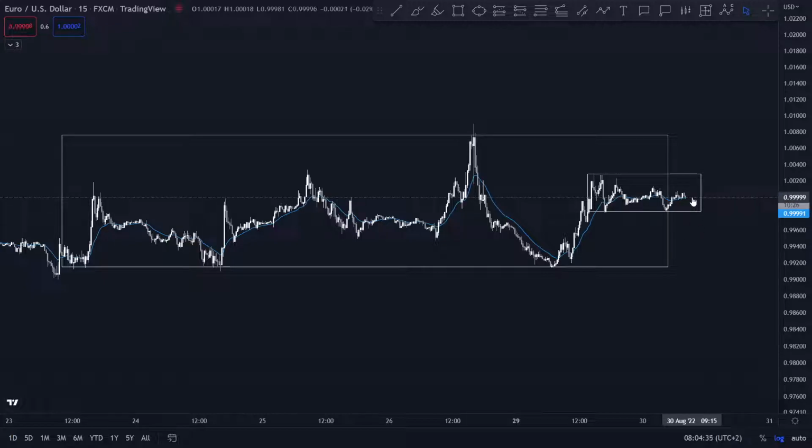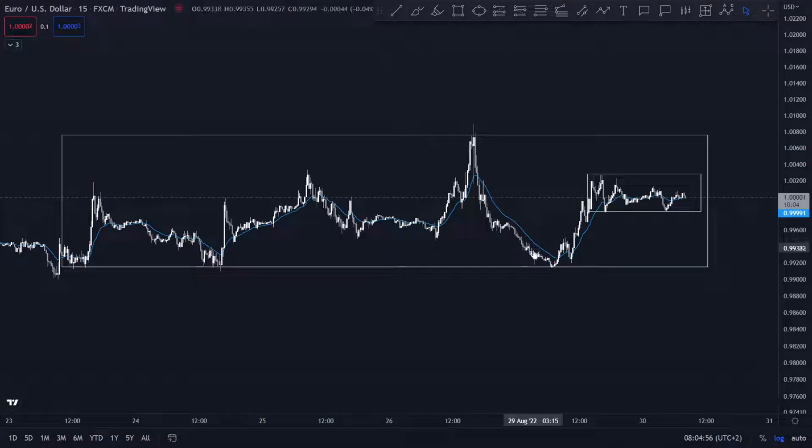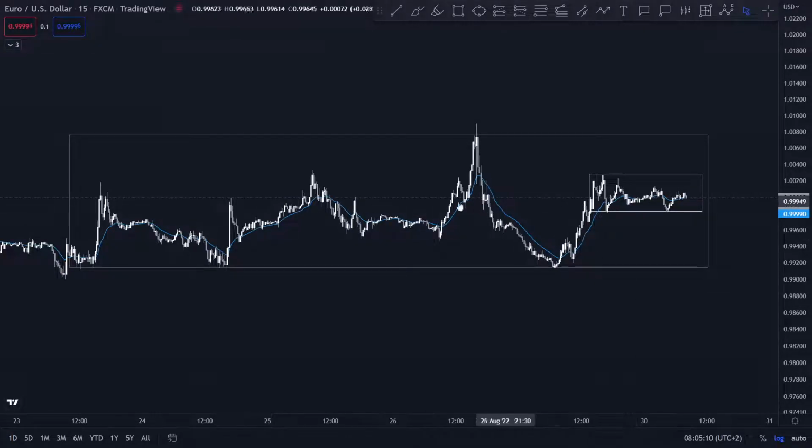So some traders will be looking to take a long position here. Others will be looking to take a short position up here. Some believe we just came down and right now the market will come back up. Cannot say anything. I would say we are in the middle of the big trading range and we are in the middle of the small trading range.